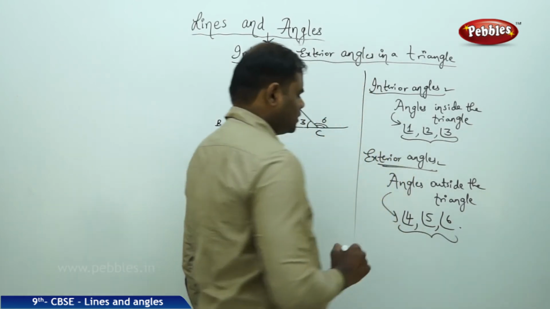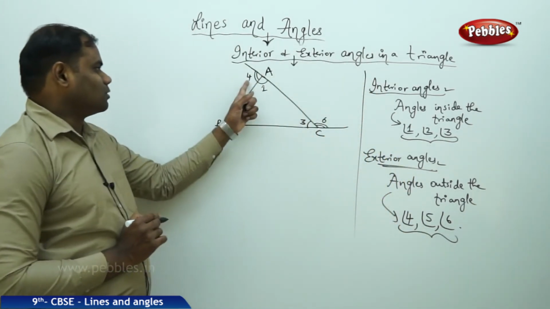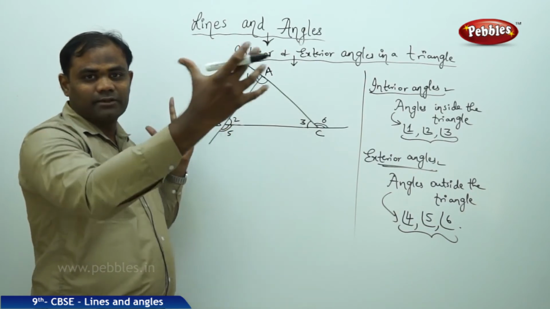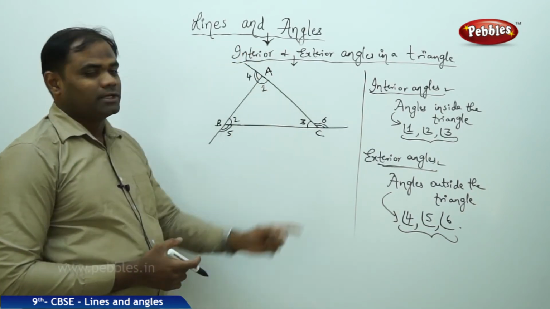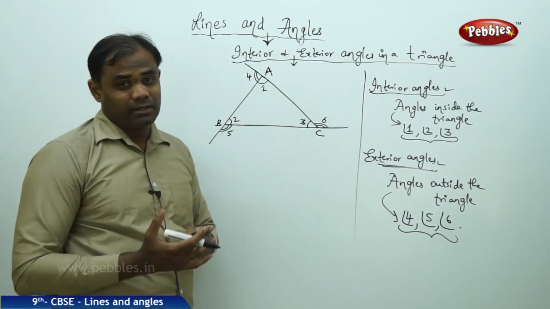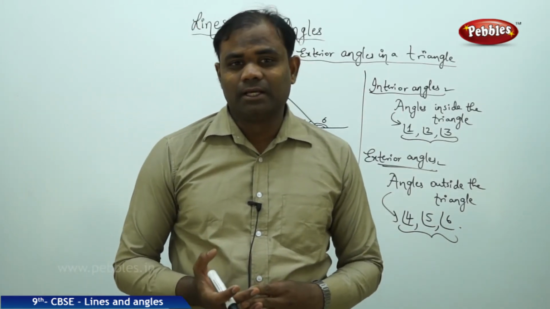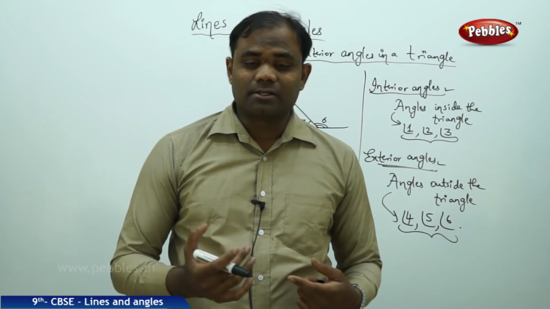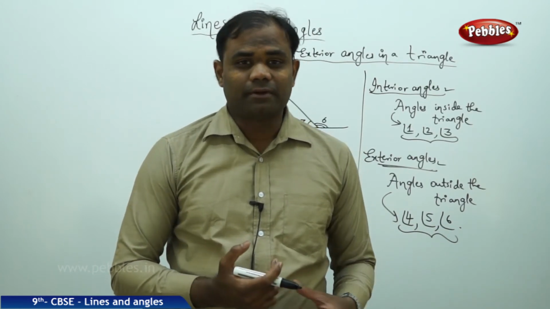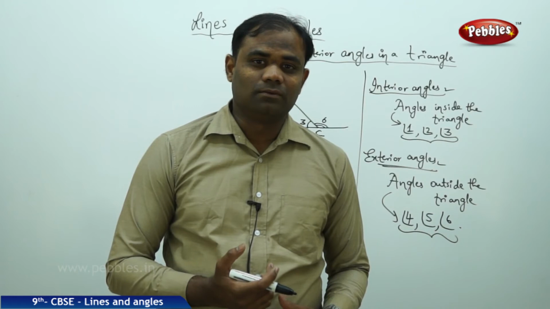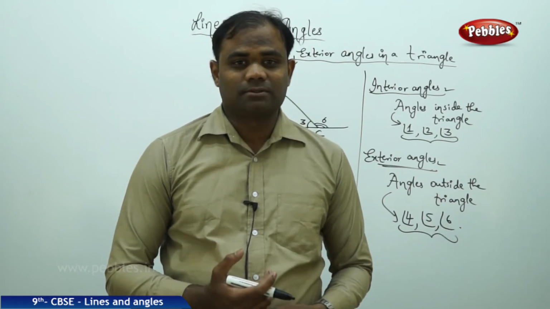So these are called exterior angles because 4, 5, 6 are outside the triangle, and 1, 2, 3 are called interior angles because they are inside the triangle. Angles inside the triangle, interior angles. Angles outside the triangle, exterior angles, is how we understand the concept.